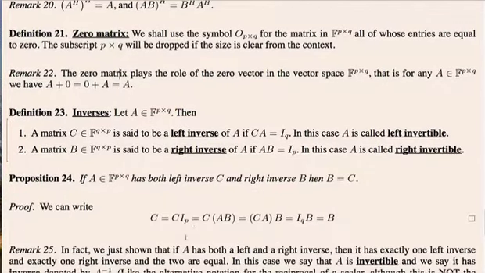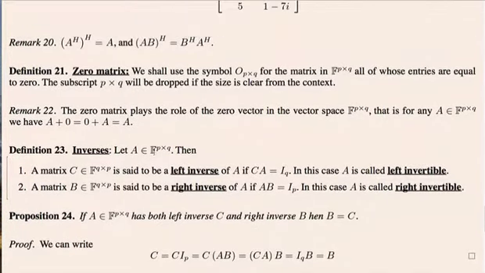Next, the inverse. Suppose A is a P by Q matrix, where F means that it's either real or complex, it doesn't matter, everything holds the same way. Matrix C is said to be a left inverse of A if C times A equals the identity matrix.